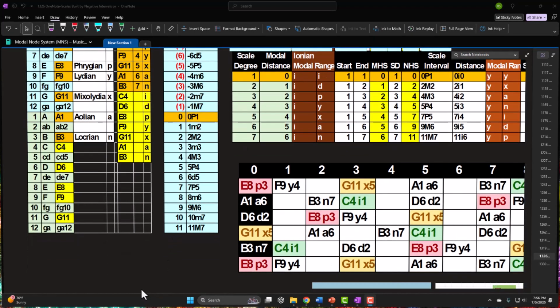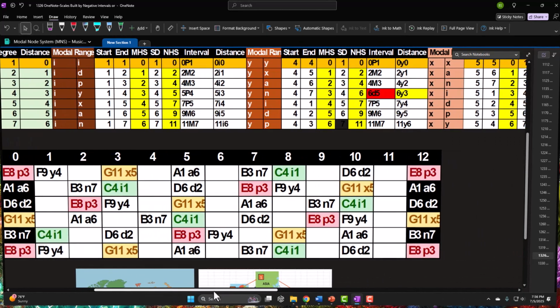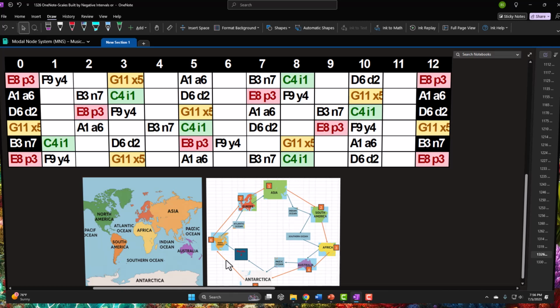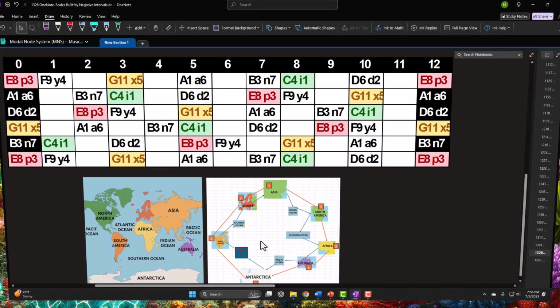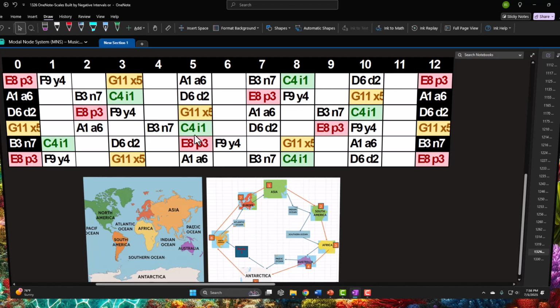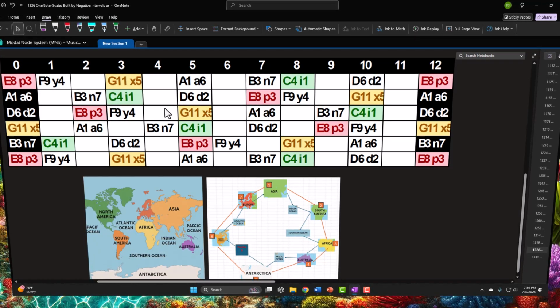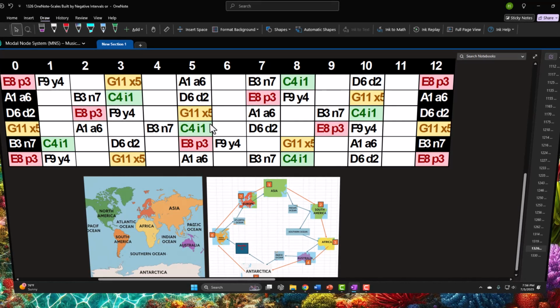So let's get a reminder of the analogy we want to be keeping in our mind that helps us to visualize the fretboard in the way that is the most efficient. That being the fretboard as a map of the territory, similar to the globe, having 7 continent or destination locations, 5 non-destination locations like the oceans that we like to go through to get to the destination locations of the continents.